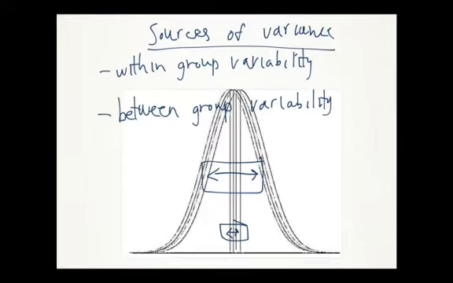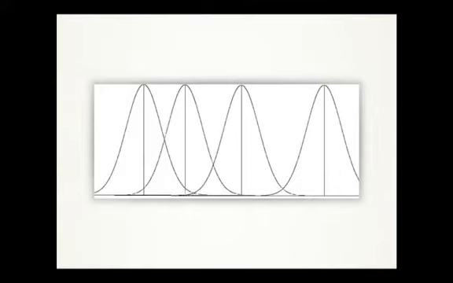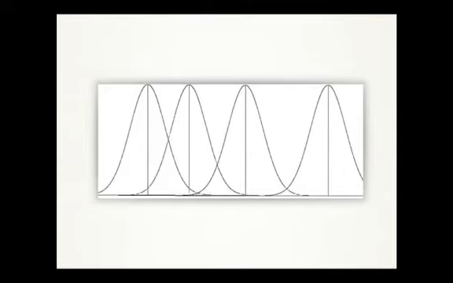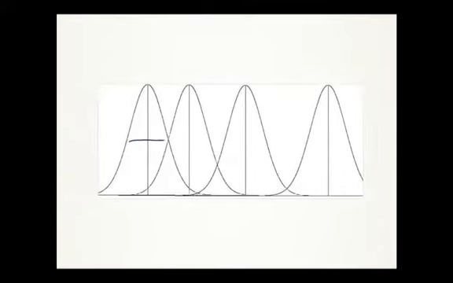But in the other example, let's take a look at that picture again. The variability within a group is much smaller than the variability between the groups.